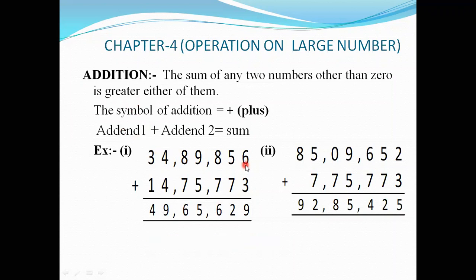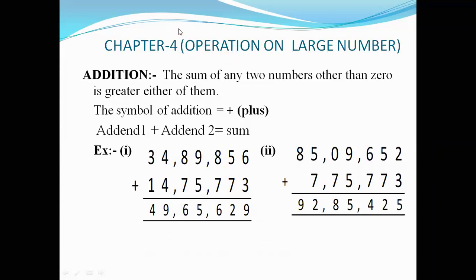6 plus 3: first we add the numbers 6 and 3. Both are in the ones place, so we add ones place to ones place. 6 plus 3 is equal to 9, and 5 plus 7 is equal to 12.